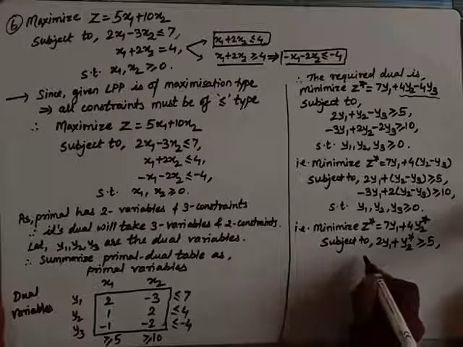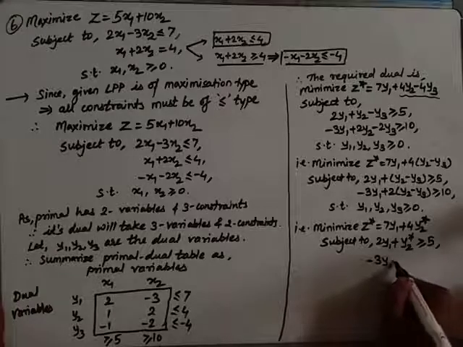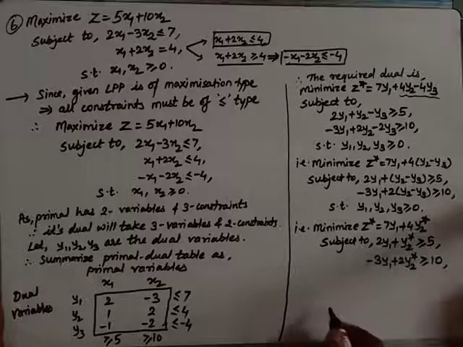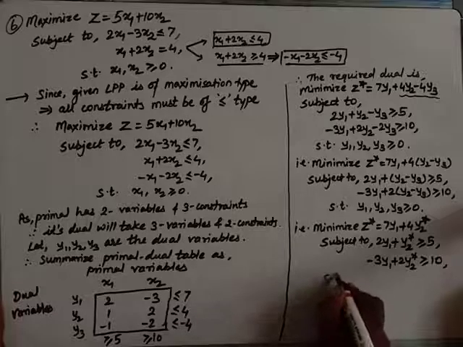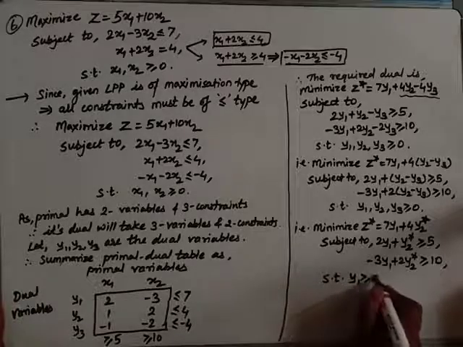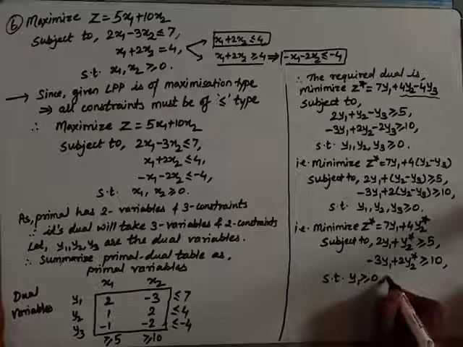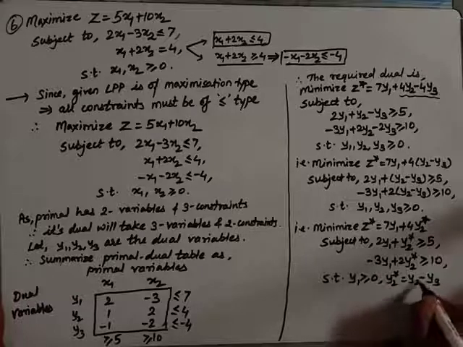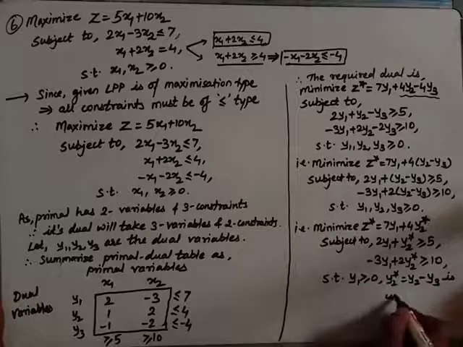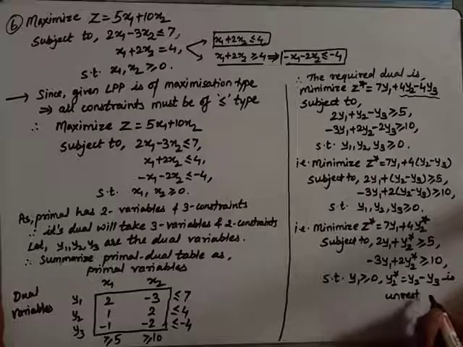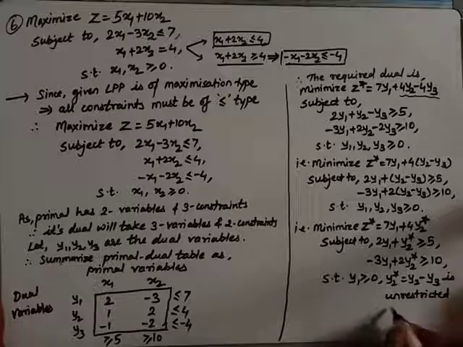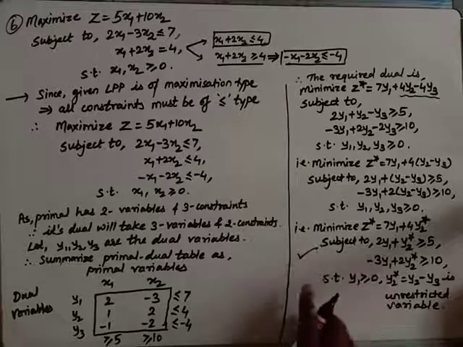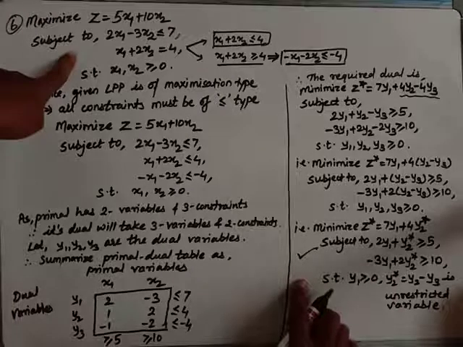Again minus 3y1 plus 2y2 star greater equal 10, such that y1 is greater equal 0 and y2 star, which is equal to y2 minus y3, is unrestricted variable, and this is the most simplified dual of this given LPP.